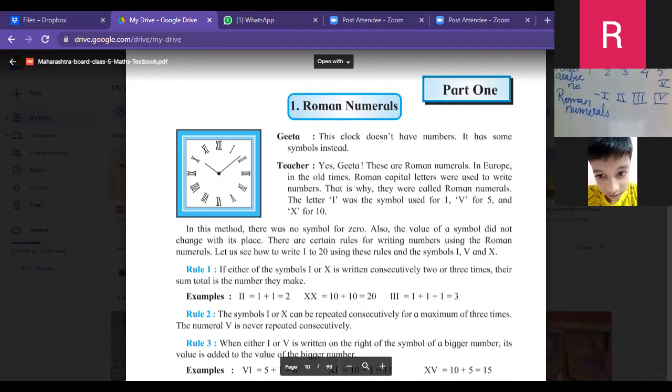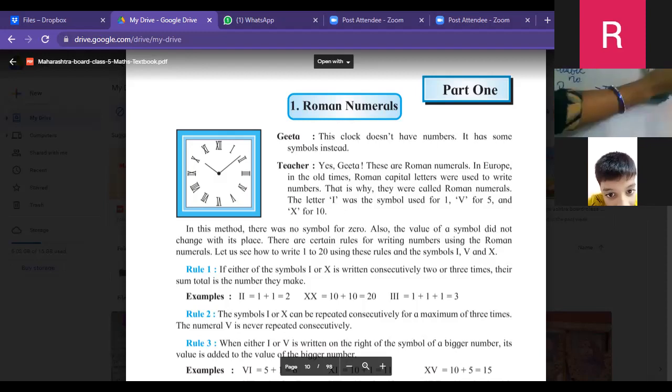Now I will tell you a few rules on how to write the Roman symbols. Few are the Roman numerals which you have to learn and remember so that you can write other numerals.